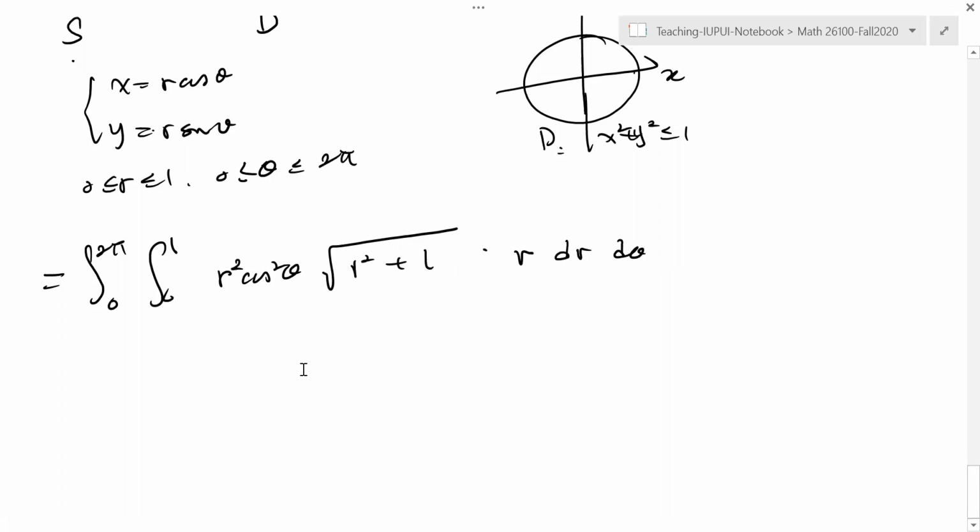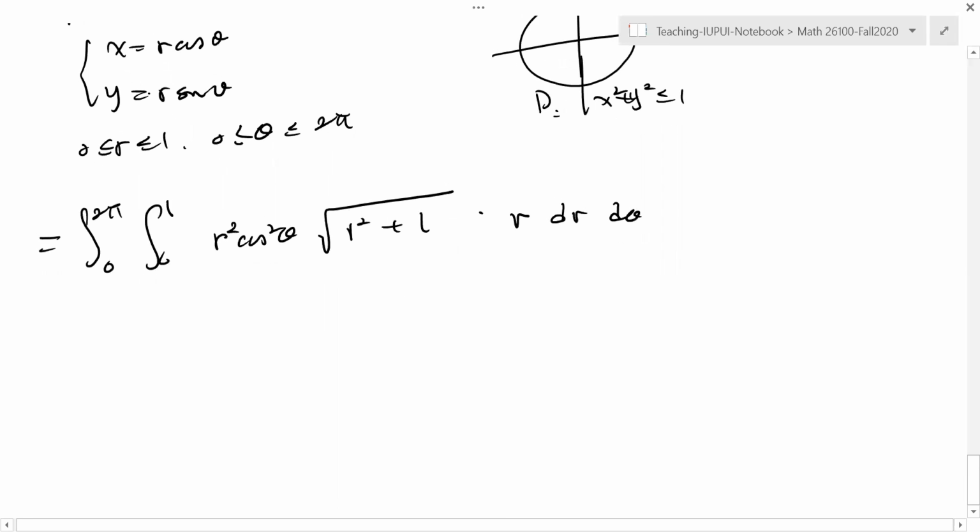So you actually have two integrals here, right? One is with respect to theta, the other with respect to r. How do you evaluate this integral? You can switch the order, okay? But anyway, let's evaluate cosine squared theta first with respect to theta.